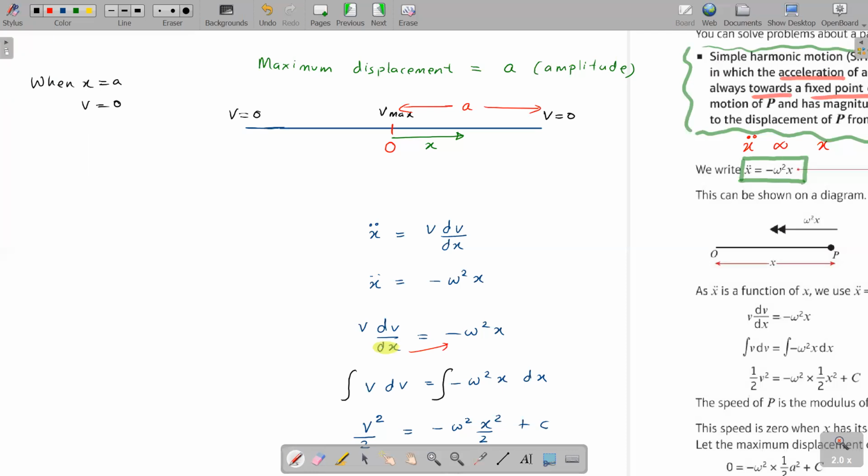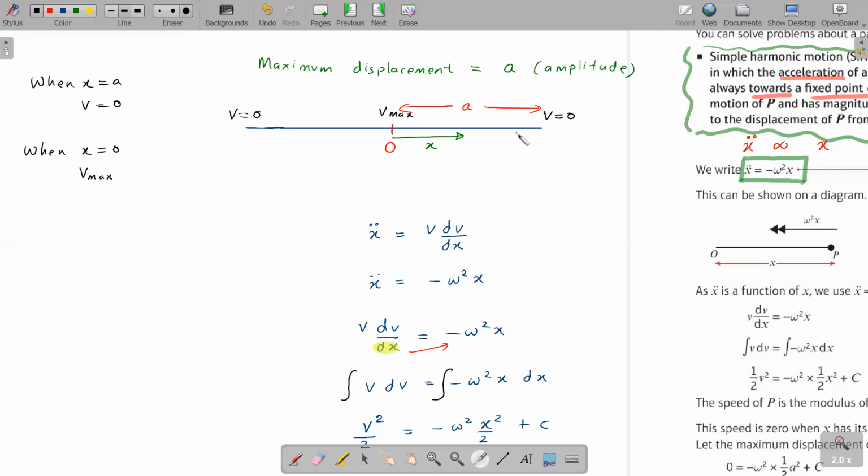Do you agree? When x is equal to A, velocity is equal to 0. And also, what happens to the velocity when x is 0? What happens when the displacement is 0? When displacement is 0, it means you are at the origin, right? And when you are at the origin, you have the maximum velocity.